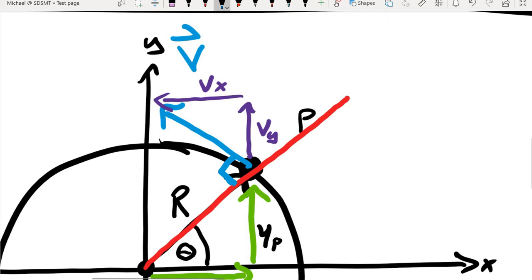That's because our velocity vector is going to be pointing tangent to the surface of this circle. And so if I'm already using up 90 degrees of the 180 degrees that is made up by this line, that means that the remaining portion also has to be 90 degrees.